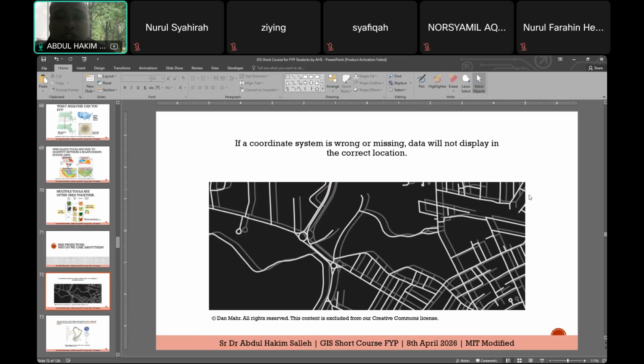You need to make sure that you understand coordinate systems. Which coordinate system for Malaysia, for example, okay? You cannot just receive any data from someone else, from any agencies, assuming all of them have the same coordinate system. No, please don't make that mistake.